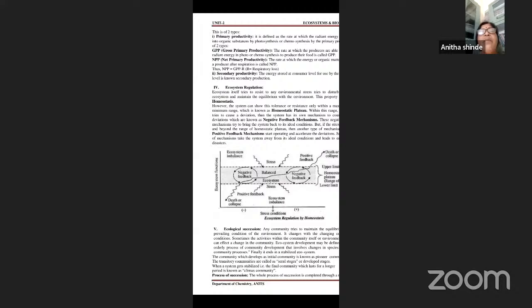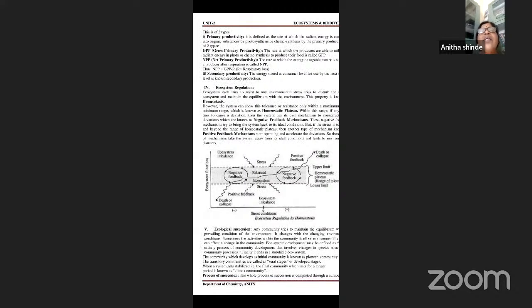Remember, the difference between GPP and NPP is that GPP is the rate at which the producers utilize the radiant energy, whereas NPP is the rate at which the organic matter or the energy is being stored. So primary productivity falls into two types. Thus NPP is GPP minus R, where R is the respiratory loss.